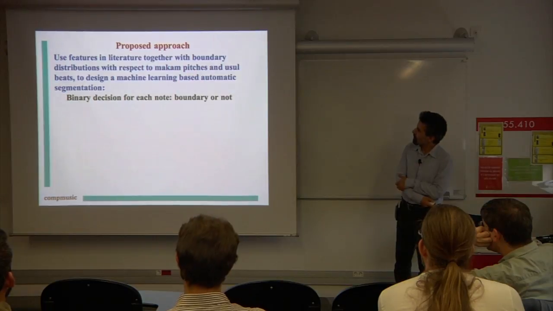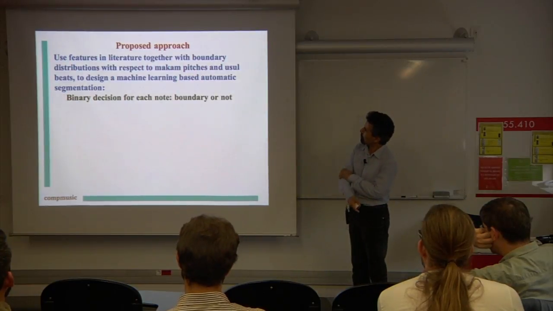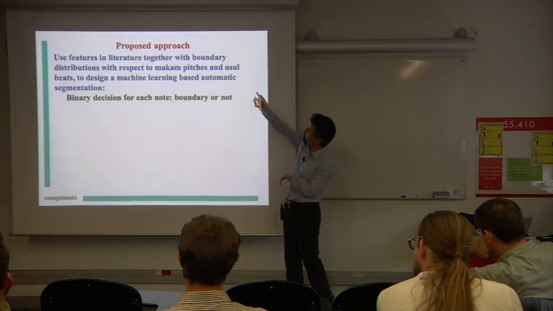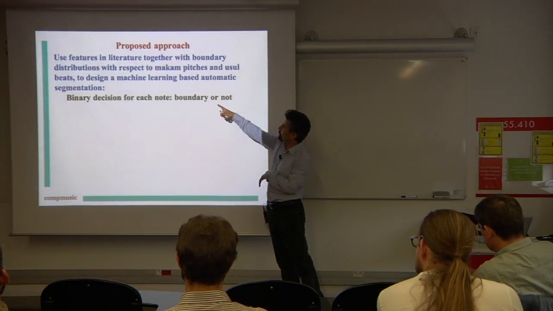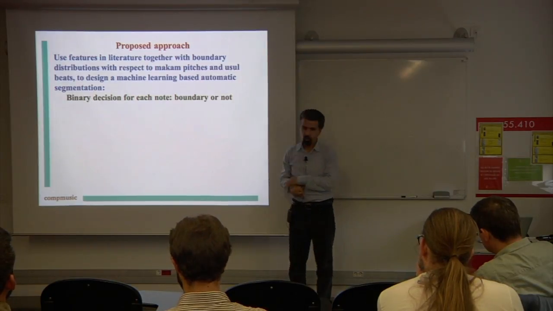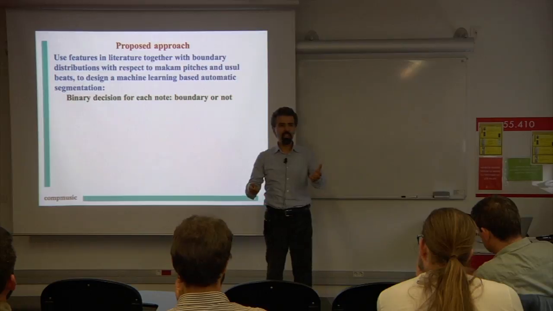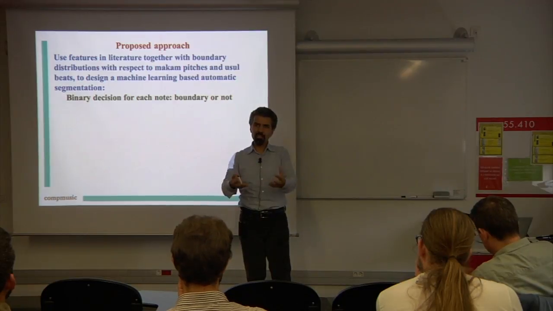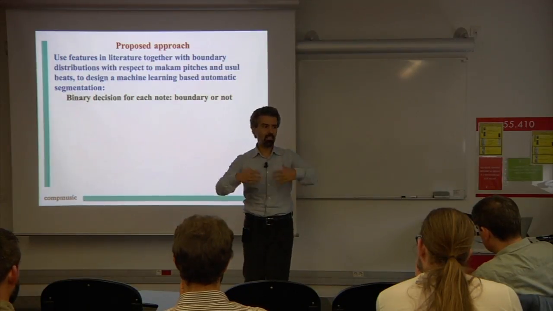Now we said, okay, let's use features from literature together with boundary distributions with respect to makam pitches and usul beats to design a machine learning based system for automatic segmentation. So I would take all these available tools from previous work. They have their strength functions. If I have access, I will use their strength functions, if not the decisions.